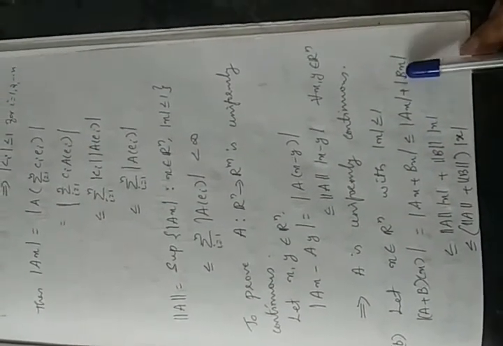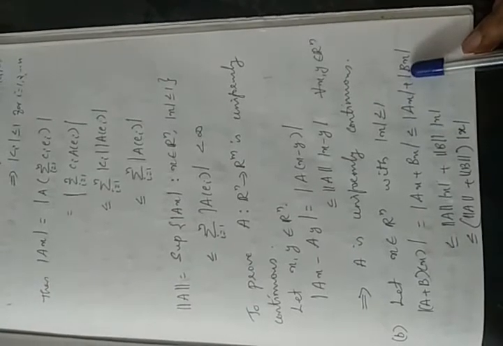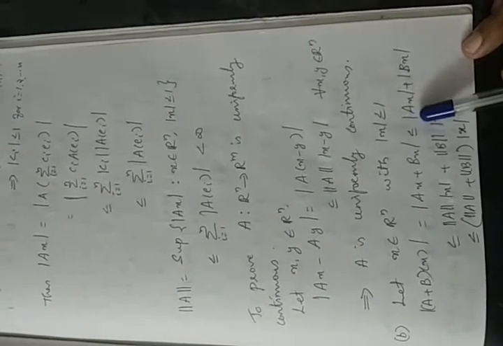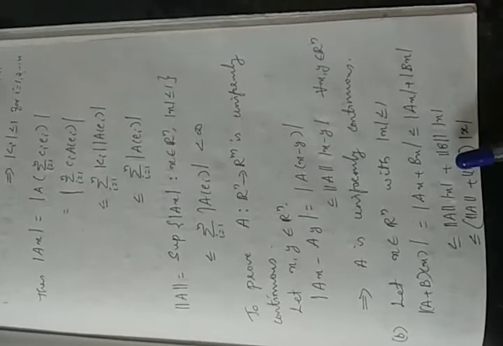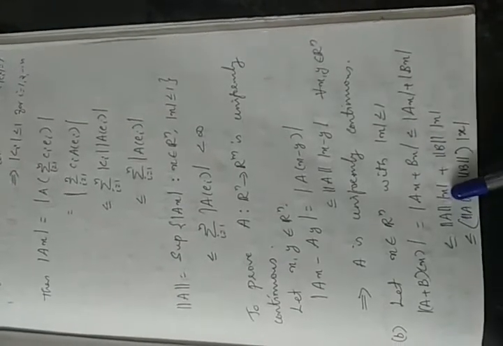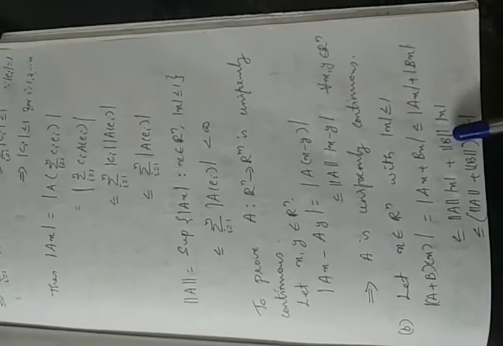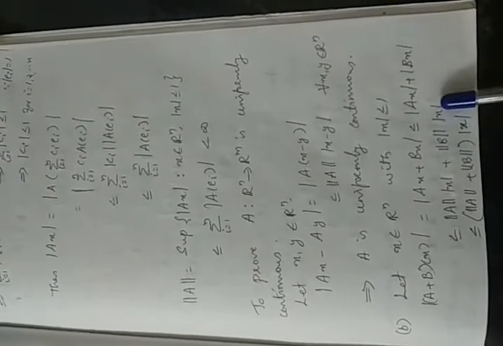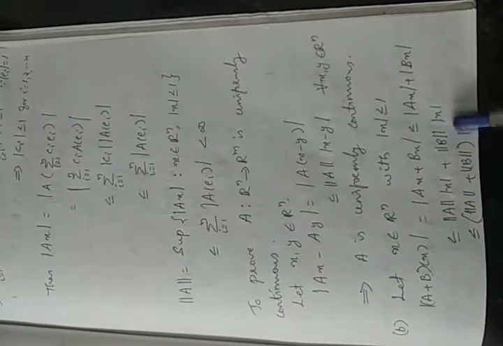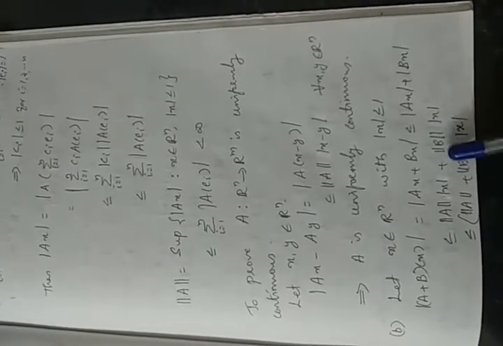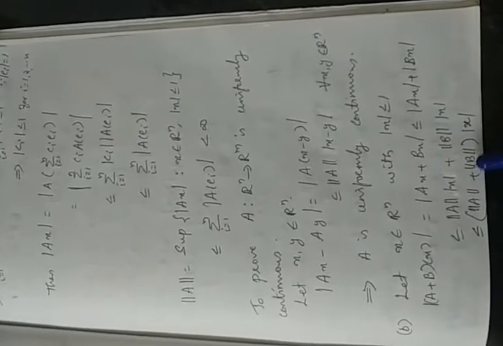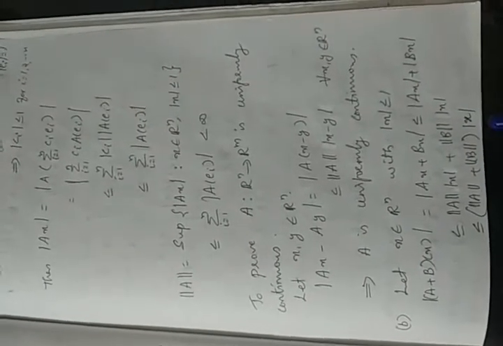And since these two are linear transformations, modulus of A of x is less than or equal to norm of A into mod x. Similarly, modulus of B of x is less than or equal to norm of B into mod x. So, from this we can take mod x outside. So, this becomes norm of A plus norm of B, into mod x.